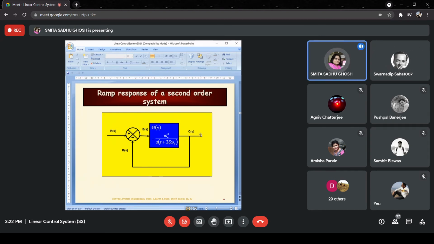Not C(s) alone, C(s) by R(s), and R(s) is given as a ramp. Then you get C(s), and you take the inverse Laplace transform to obtain c(t). Once you get c(t), naturally you would be able to see what the response is like. The mathematical expression is obtained. If you want to plot it, you can plot it. If you want to keep it like that, you can keep it.